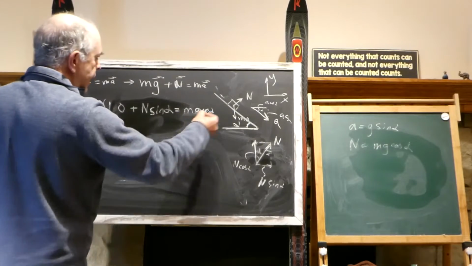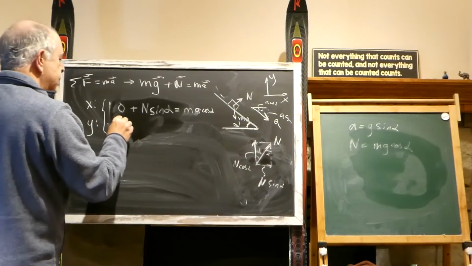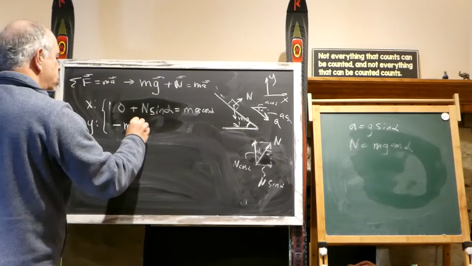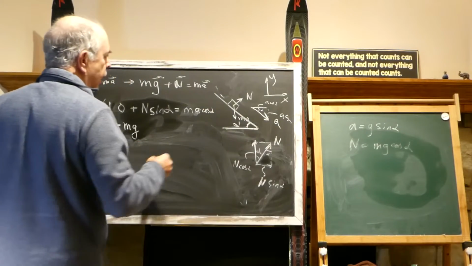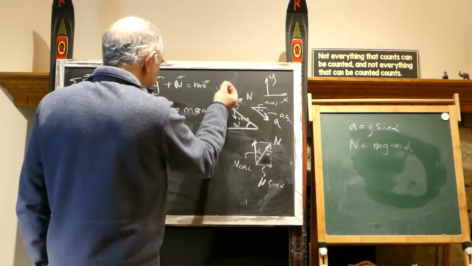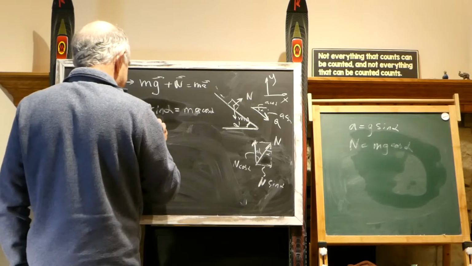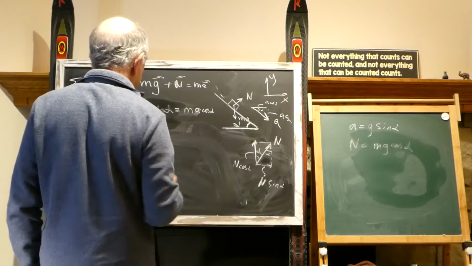Now I go to the y-axis. mg is down, that means minus, and mg is full, that's the only projection, so it's mg. Now N is projection up, so it would be plus, right? Because y is up.